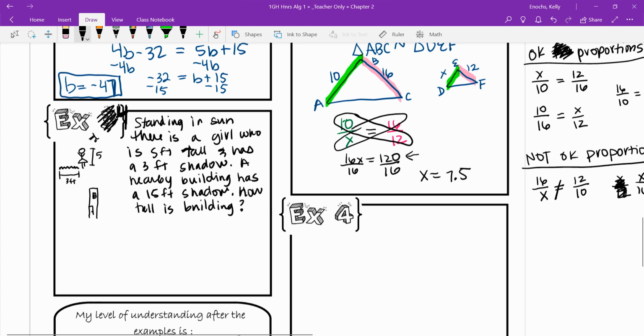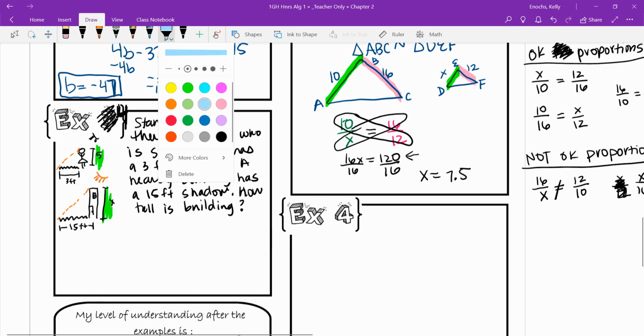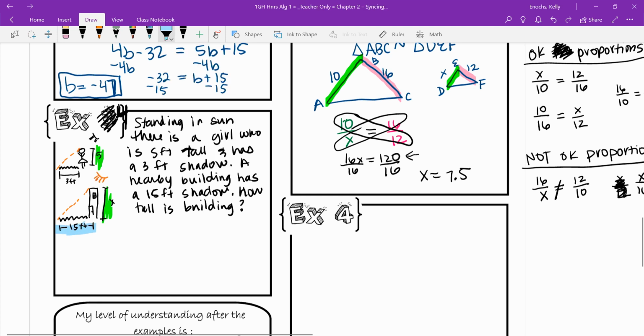And the building shadow is 15 feet tall. So you'll see already that we have two triangles. If I go ahead and draw my sun rays here for both of them that make the shadow, right? Two triangles that match up. And you'll see that my heights match up in both, and then my shadow lengths match up in both.